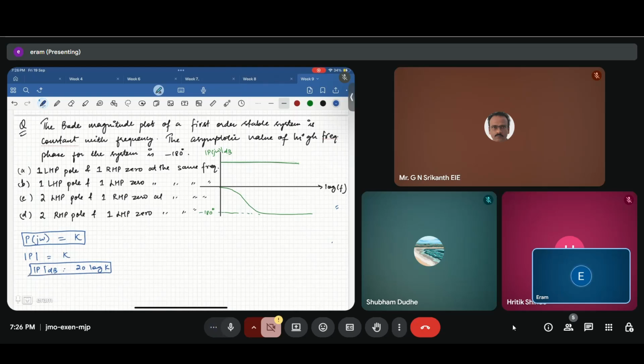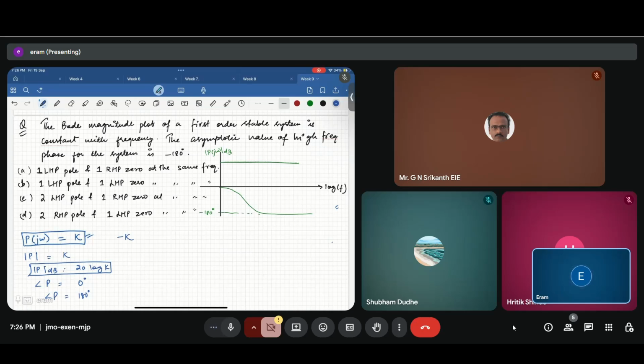But here it's not the case. If the transfer function was just a constant k, then its phase will be 0 degrees, or if it was minus k, then its phase would be 180 degrees. It would also be a constant.